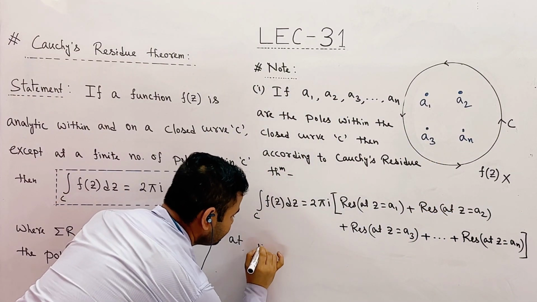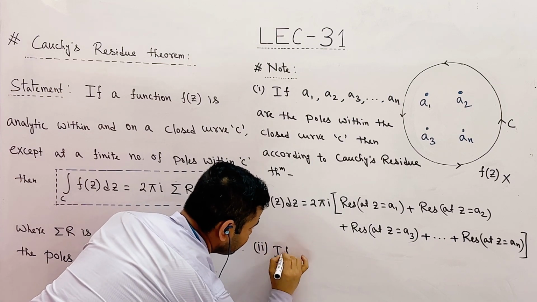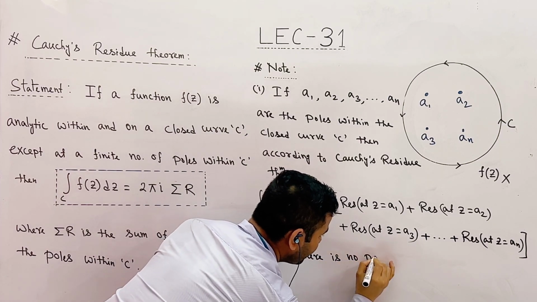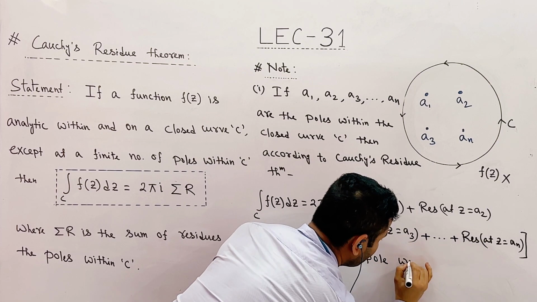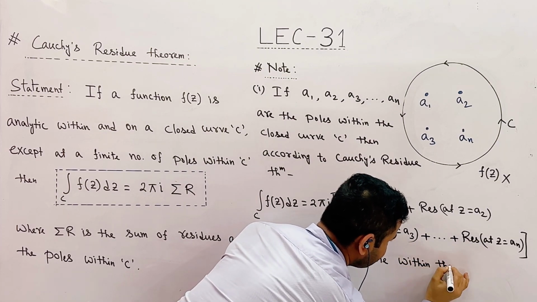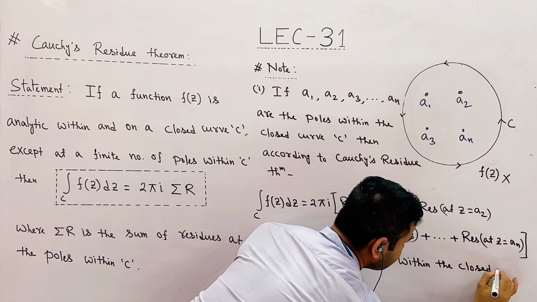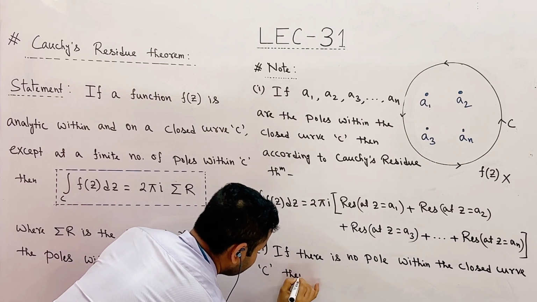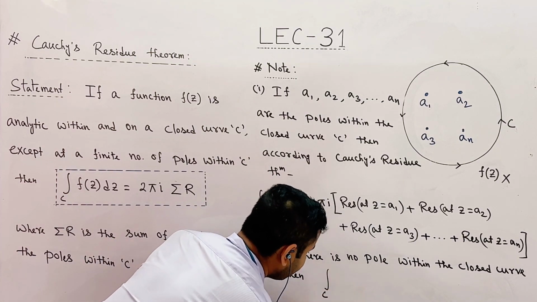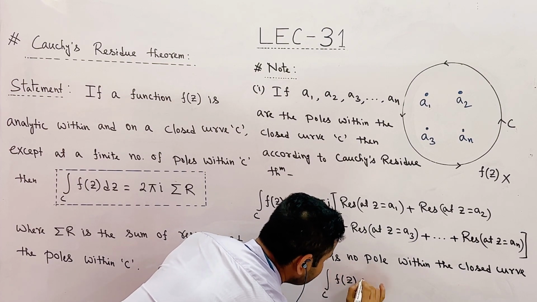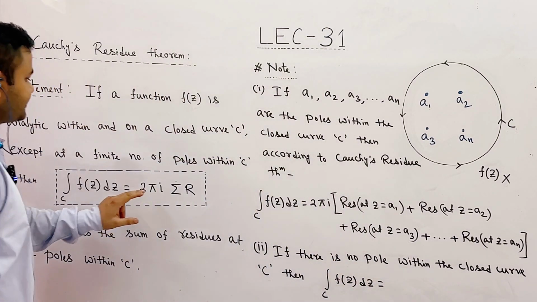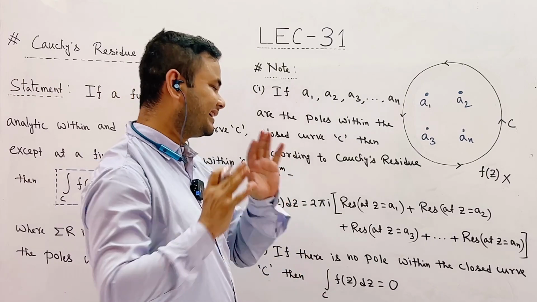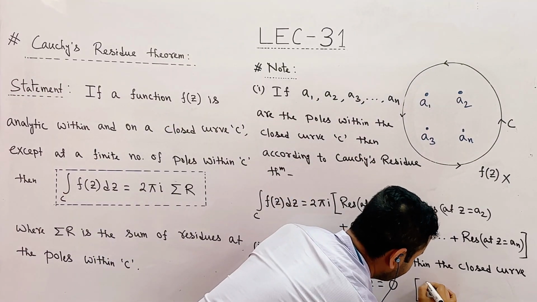Note number 2. If there is no pole within the closed curve C, then the integration along closed curve C of f of z dz is equal to 2 pi i times 0, that means 0, and this is known as Cauchy's integral theorem.